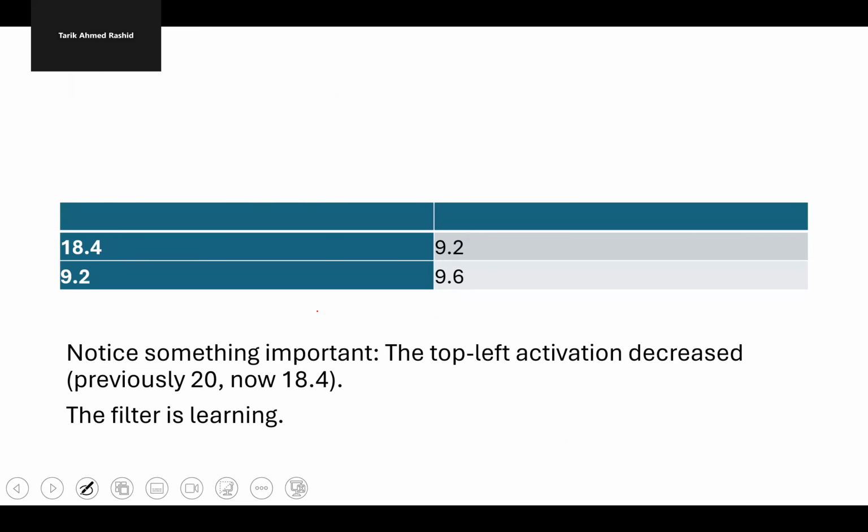Now the results we have at the max pooling layer, we have 18.4, 9.2, 9.2, 9.6. So max pooling layer means that we take the maximum value to reduce the computation. So this one will be taken, the rest will be not important.